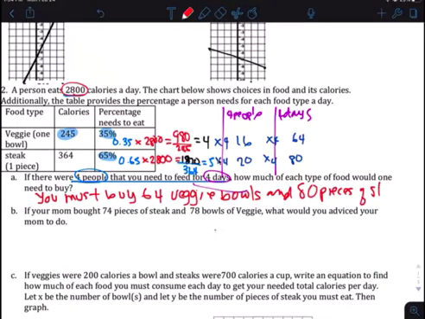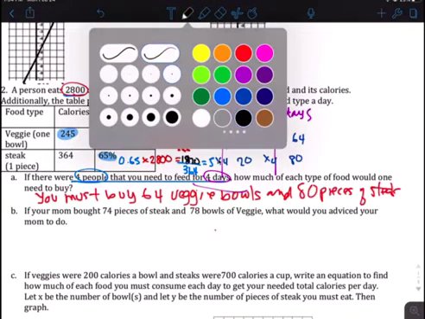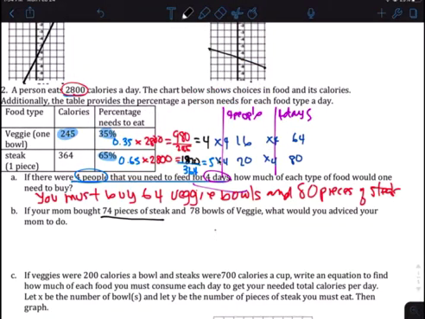Oops, I spelled the wood steak instead of the steak you eat. If your mom bought 74 pieces of steak, you need 80.